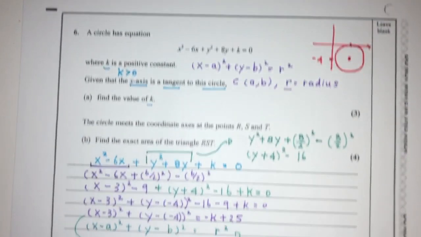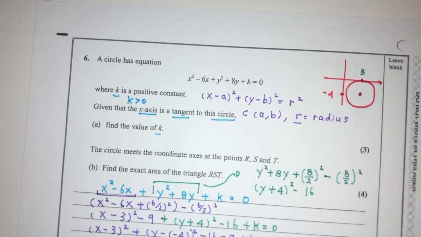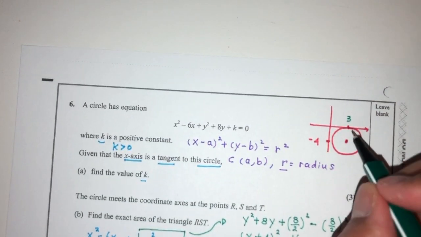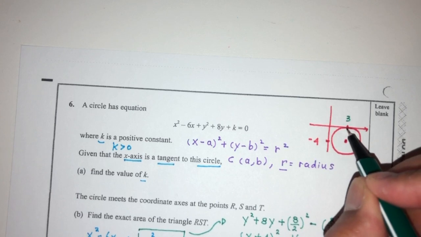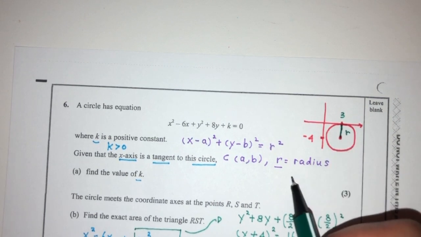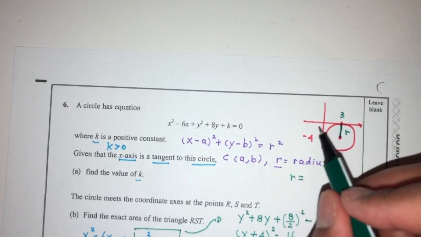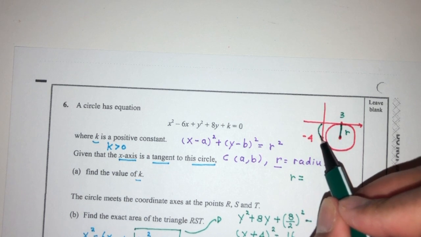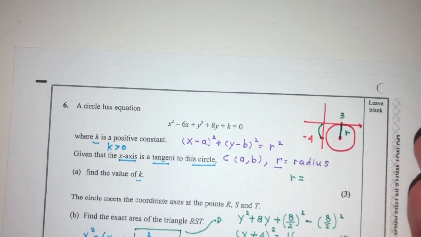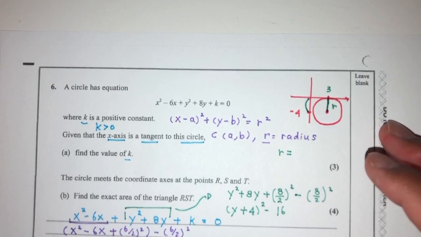We have also seen that the radius is this value. The radius is the distance between the center and the circumference. Now we have seen that the radius is also equal to this value right here, which, again, will not be negative, because length is a positive value.